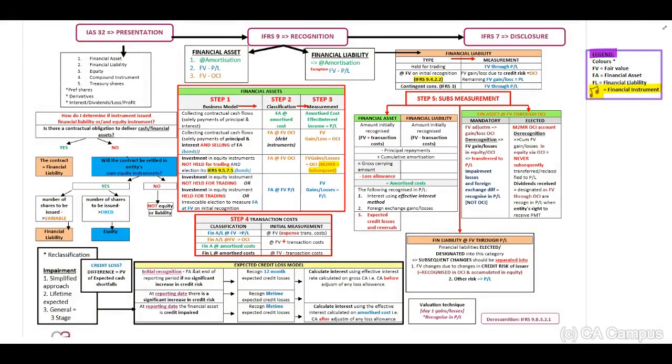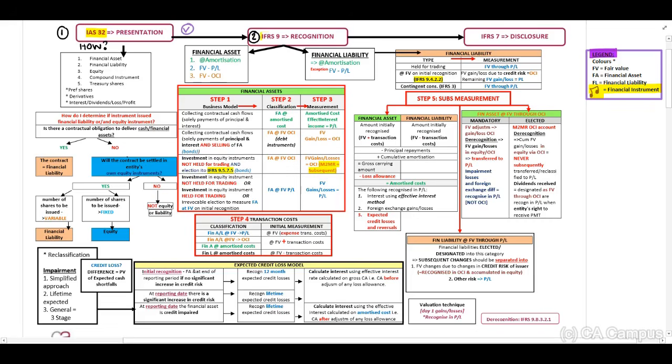Financial instruments will be covered in 3 separate standards. Our first standard, IAS 32, indicates to us how to present our financial instruments as either financial asset, liability, equity, and so forth. Once we have determined our presentation, we can move on to IFRS 9.